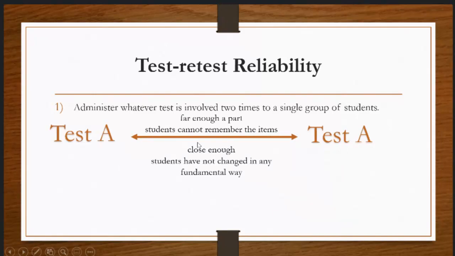So we use the same test A here for a single group of students, and the time between the 2 times needs to be far enough apart so that students cannot remember the items. However, it should be close enough so that students have not changed in any fundamental way.